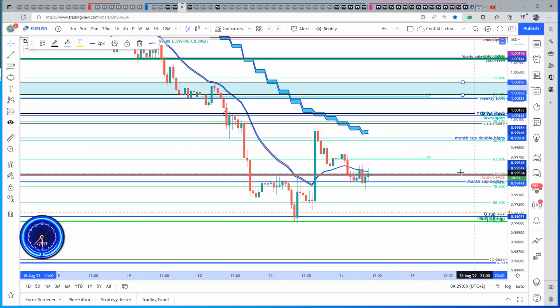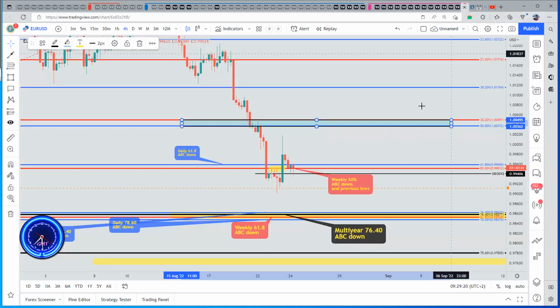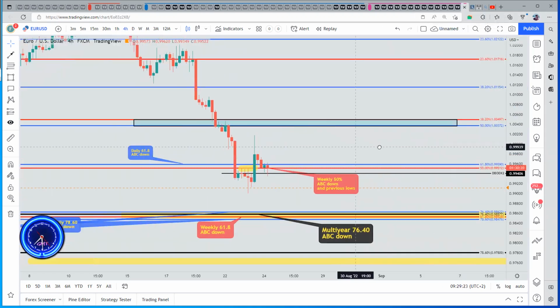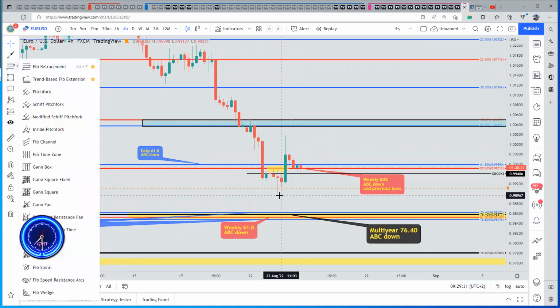If we consider this move as an ABC move, so this one is an ABC move, we can look at it on another chart to have something cleaner. So if we consider this one, if we keep this low right there, then we can draw an ABC.